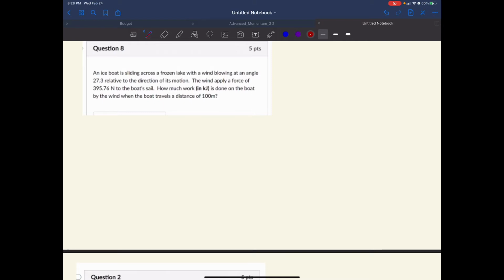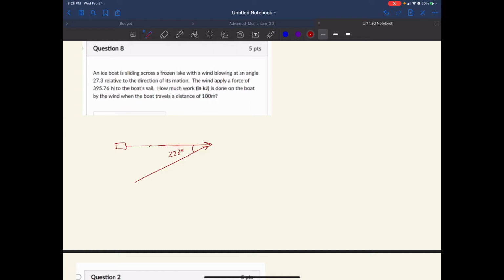Okie dokie. So in this case now, let's just pick a direction. I'm just going to pick to the right here. And I think I might make this a little bit bigger. So we have the boat traveling this way, however the wind is coming in like this, and so this theta right here is going to be 27.3 degrees.